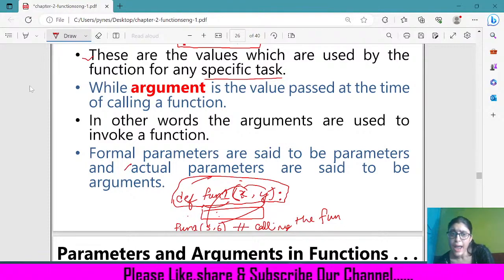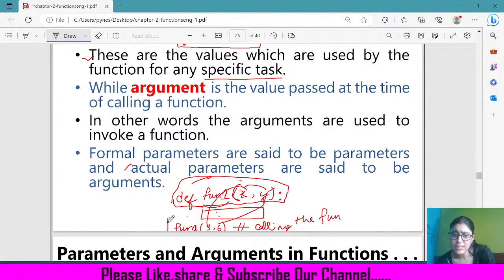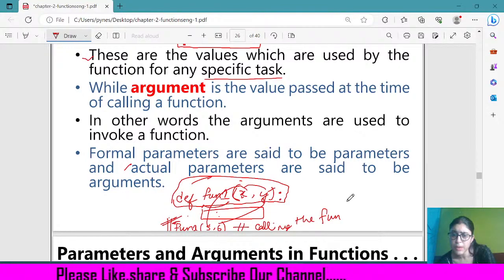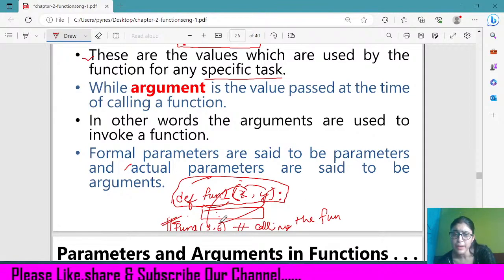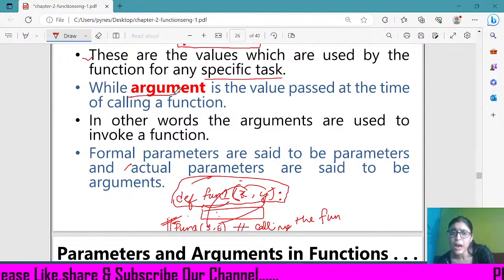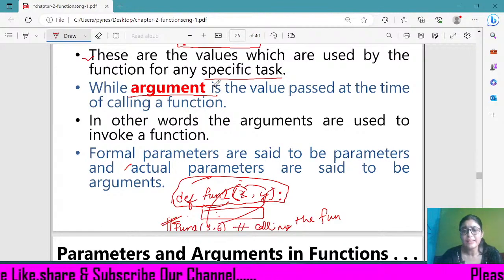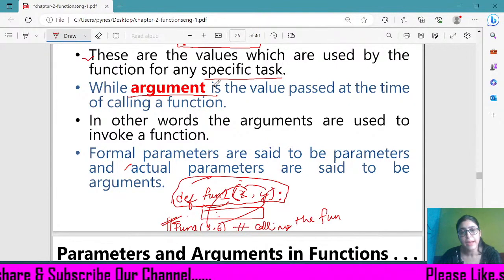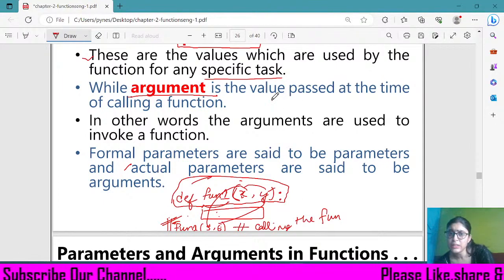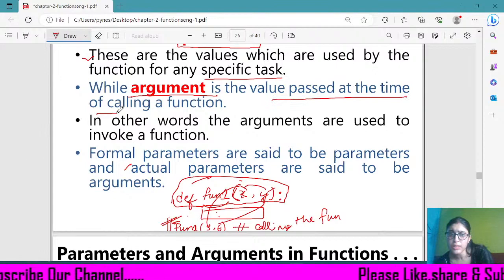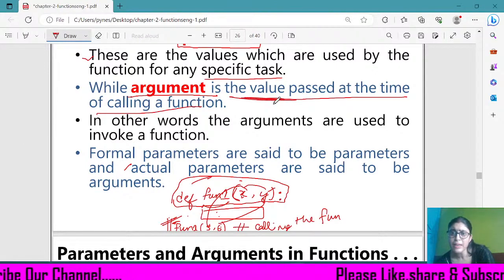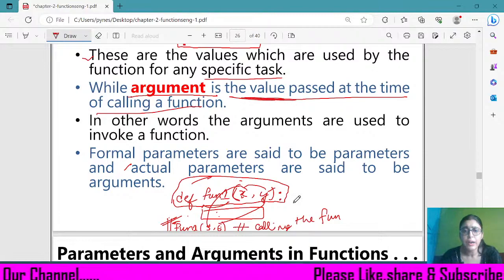Whenever I call fun1, I have written 5 and 6 inside the parentheses, so those are the arguments. At the time of definition, whatever we write in the parentheses becomes our parameter, and at the time of calling a function, the value passed into it is the argument.